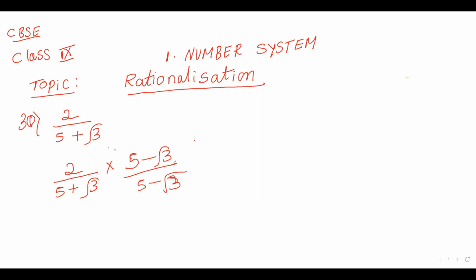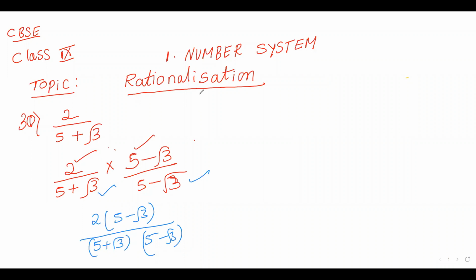Okay. Numerator into numerator, 2 into 5 minus root 3. Denominator into denominator, 5 plus root 3 into 5 minus root 3. Is that okay?